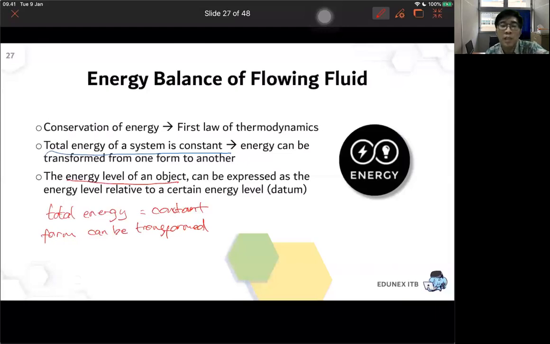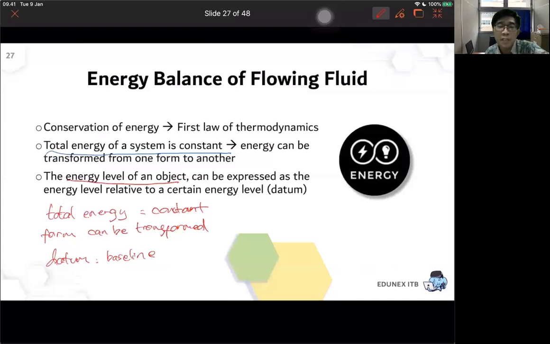You will have this lecture in thermodynamics. There will be a certain datum or baseline: it's not absolute energy, but we calculate the energy compared to the energy at a certain position or level.